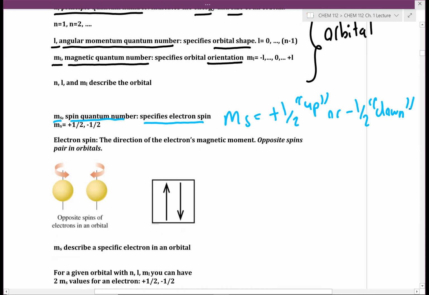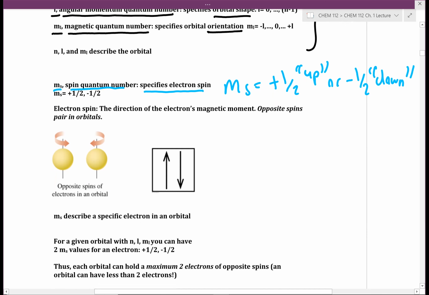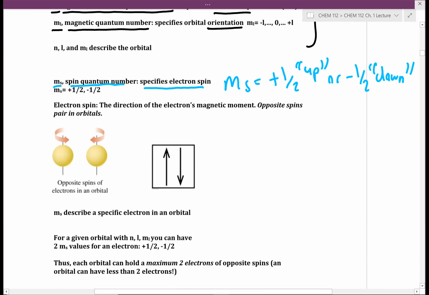So there are only two possible values for the spin quantum number. Now, unfortunately, the spin quantum number has a bit of a misleading name. The spin quantum number is really describing the direction of the electron's magnetic moment. And the reason why it's called spin is if a particle is spinning, it generates an electric field.